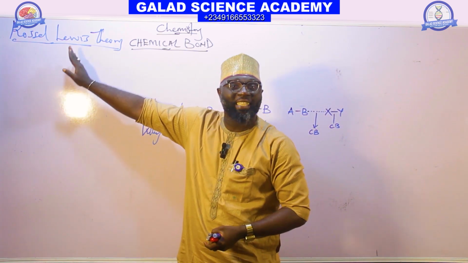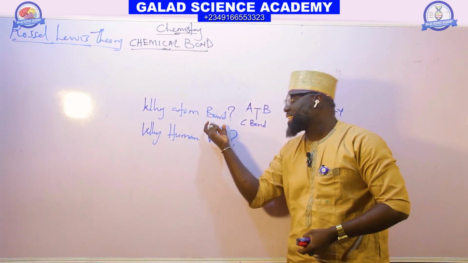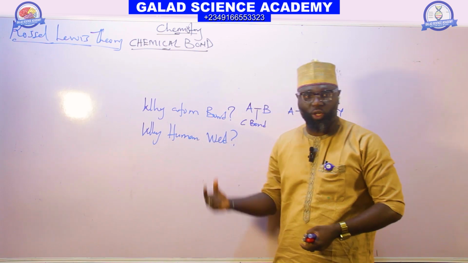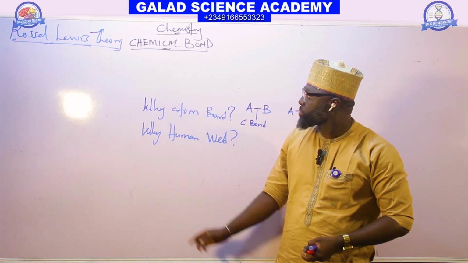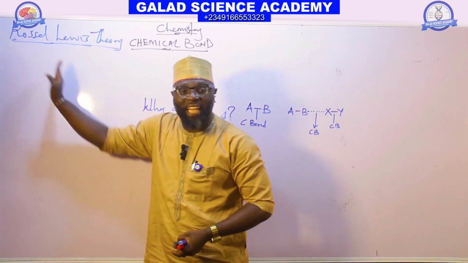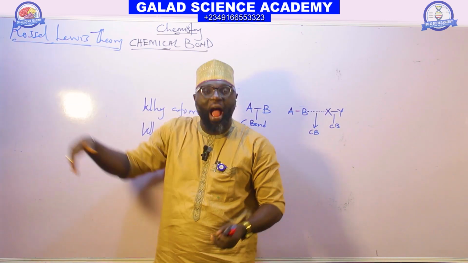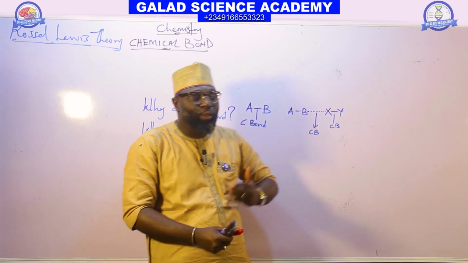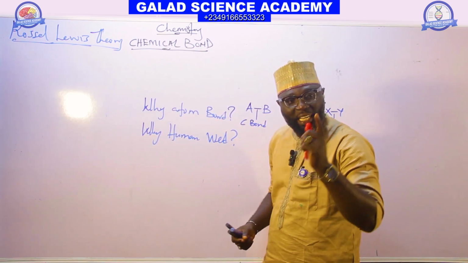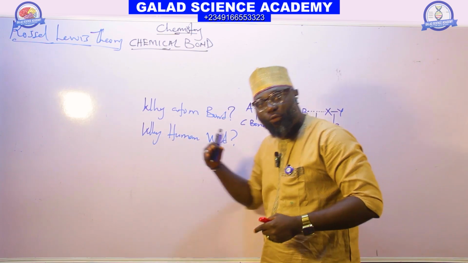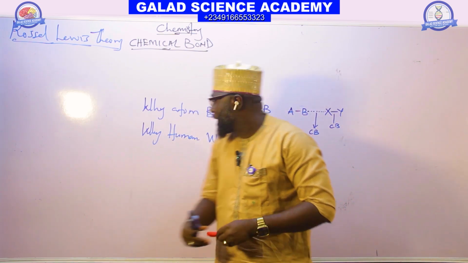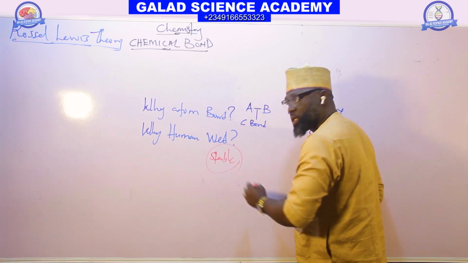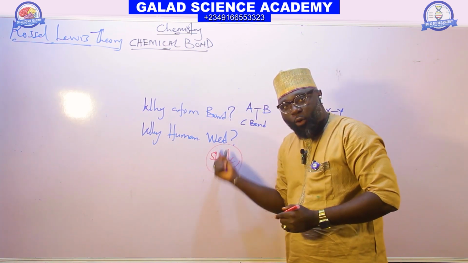Lewis is a scientist that gave us the answer for this question. Lewis said that atoms are involved in bonding in order to become stable. He said atoms are involved in bonding in order to become stable.